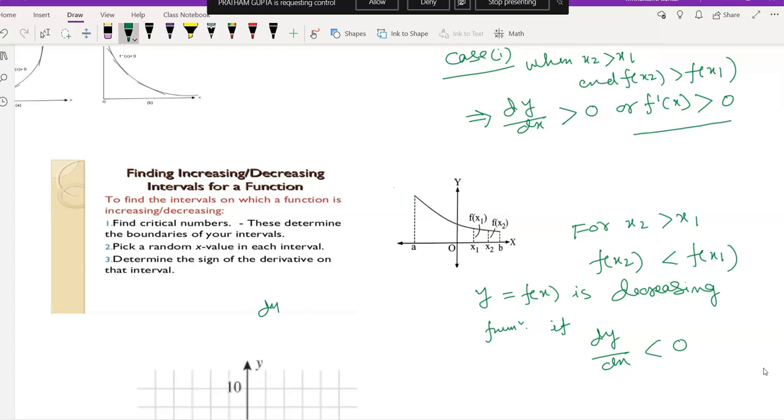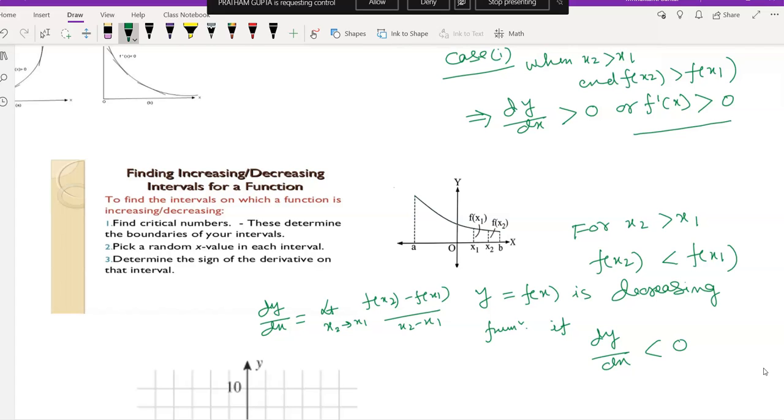If I write dy by dx here, all of you can see that it is the limit, x1 tending to x2, or x2 tending to x1, of (f(x2) minus f(x1)) by (x2 minus x1). f(x2) greater than f(x1) in the graph is not possible. f(x2) is less than f(x1), so the numerator is going to be negative, but x2 is greater than x1, so the denominator is going to be positive.